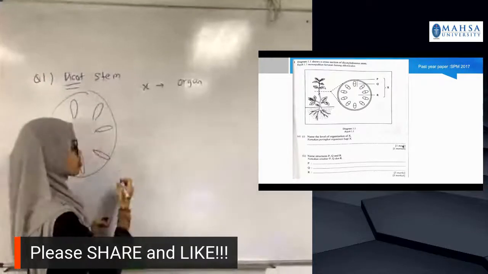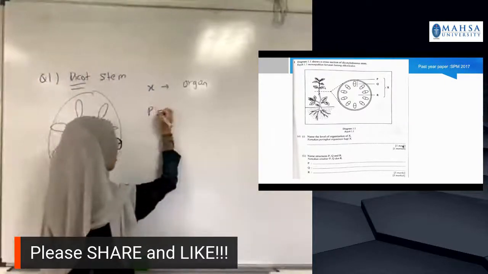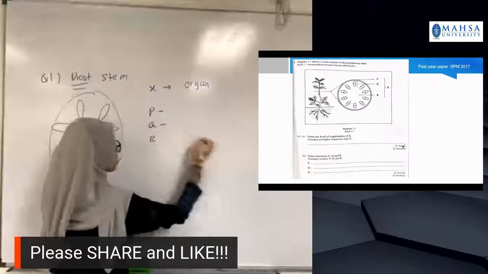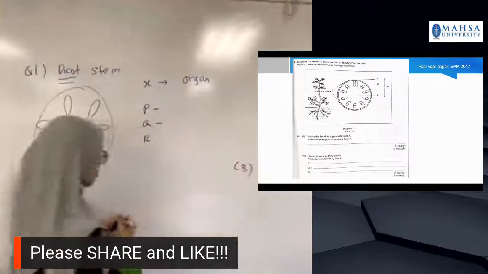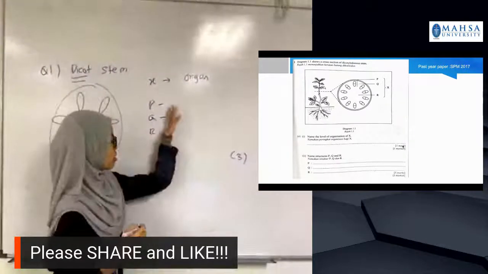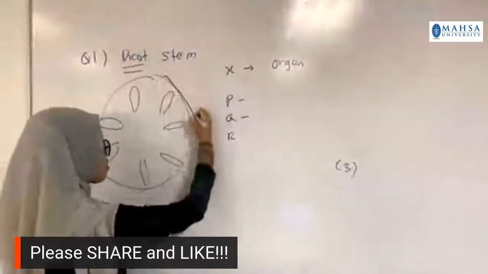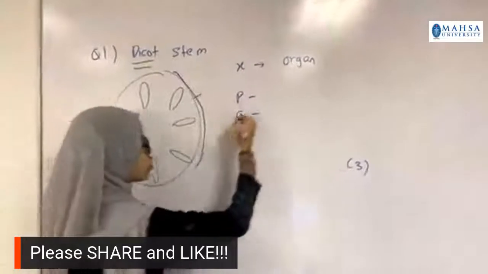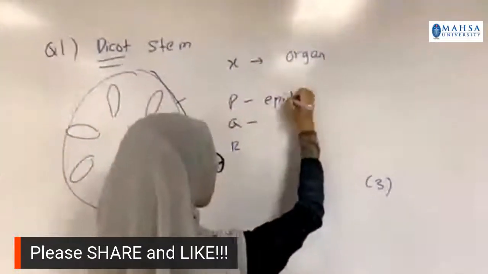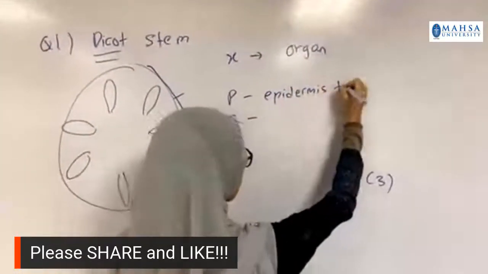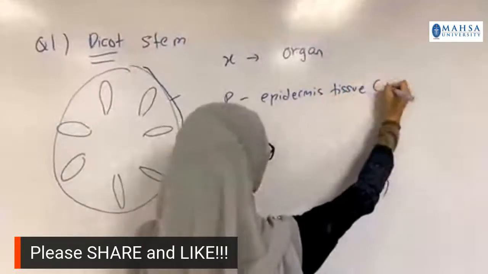Next question: name the structures P, Q, R, 3 marks. You need to name the structure of each component. P, as you can see from the question, is the outermost layer, so P is the epidermis tissue. This is 1 mark.